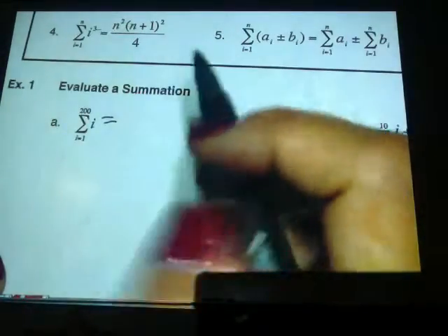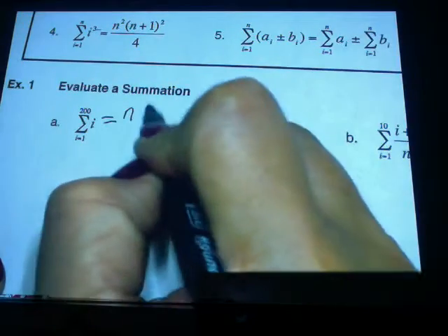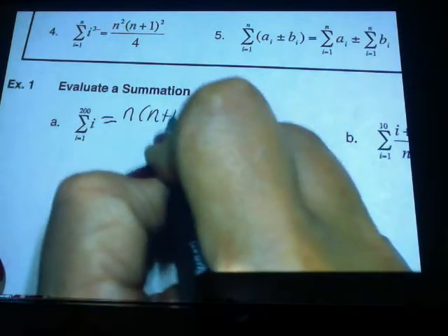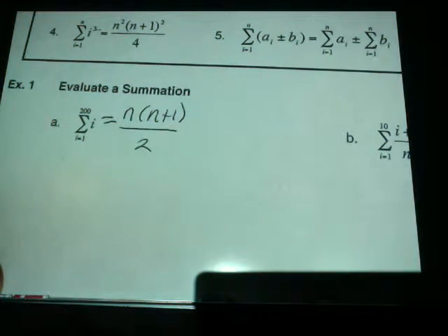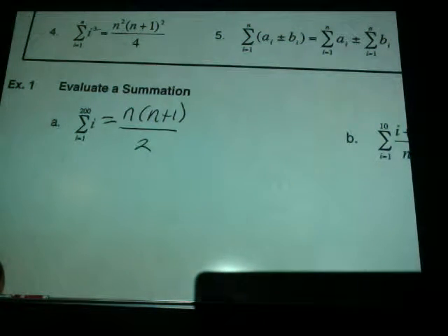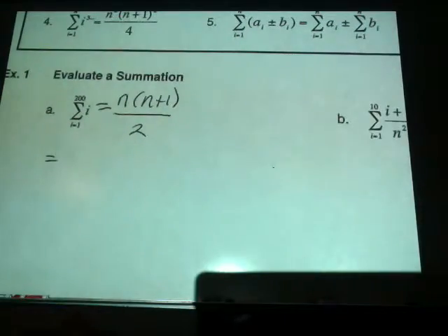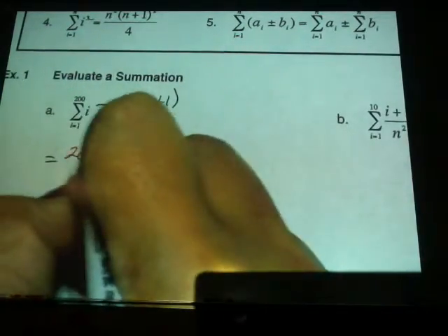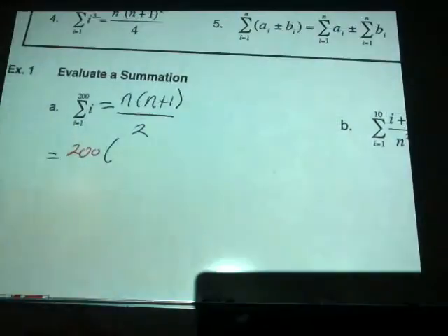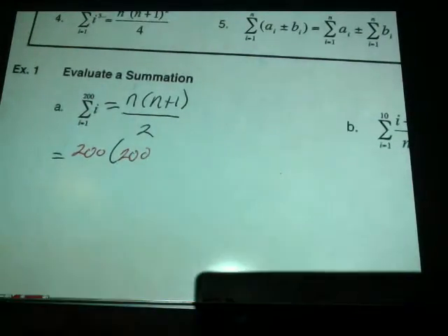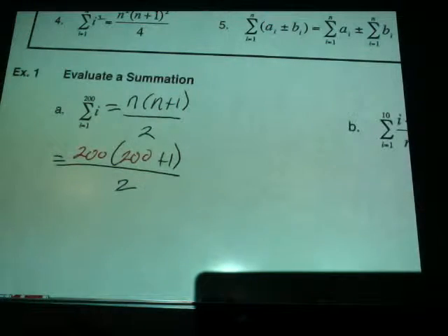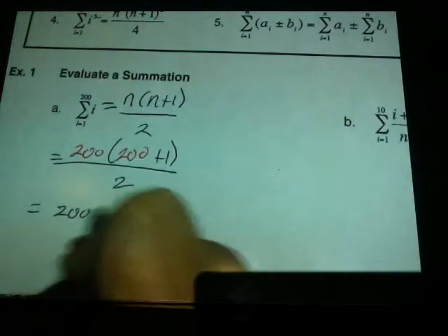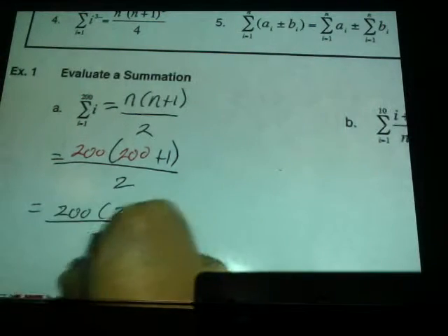All right, so here we go. I'm going to replace i with n times n plus 1 all over 2. Wherever you see an n, we're going to put in 200. So I've got 200 times 200 plus 1 all over 2, so we've got 200 times 201 all over 2.